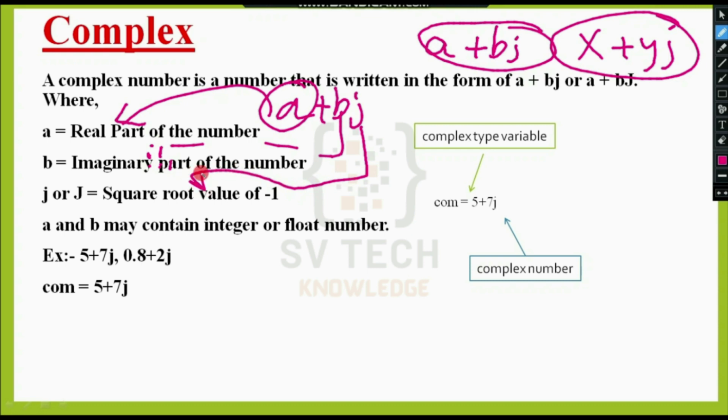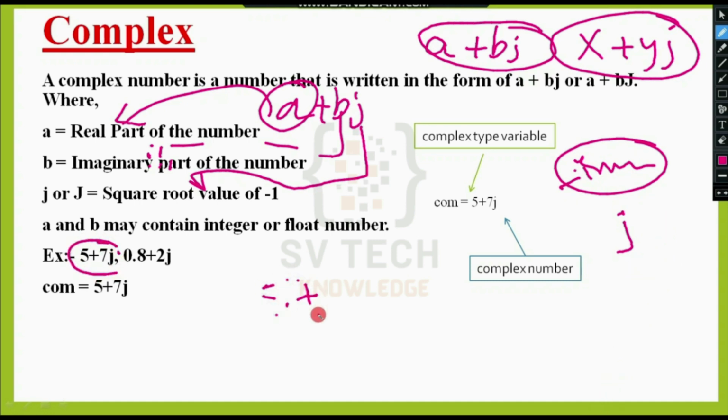So we must have a suffix, not a prefix, with the imaginary number. An imaginary number always follows with the suffix j. Okay, j is the square root value of minus 1. So this you have to remember. For example, I have given here 5 plus 7j.